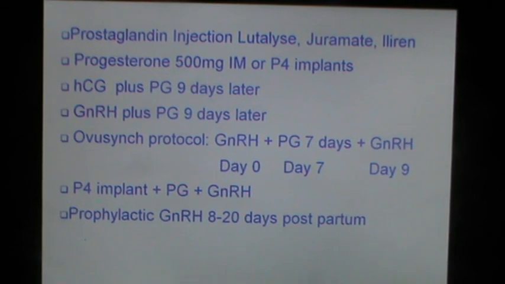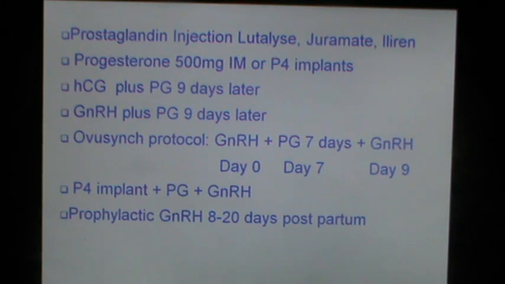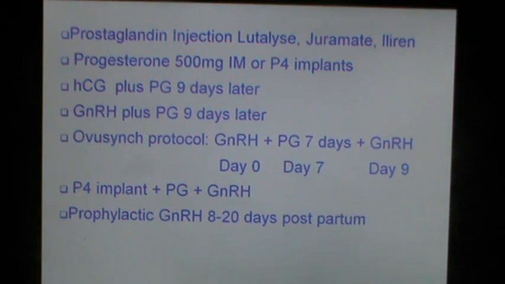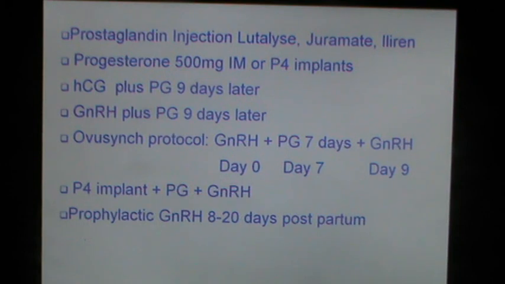The administration of progesterone 500 milligram intramuscular or as a vaginal implant has been suggested to improve the luteinization of the ovarian cysts, particularly the follicular cyst. Then the Ovsynch protocol has been suggested for the therapy of ovarian cysts.